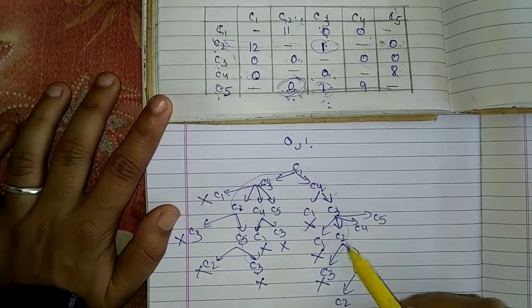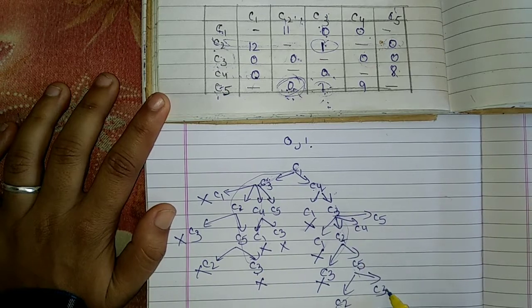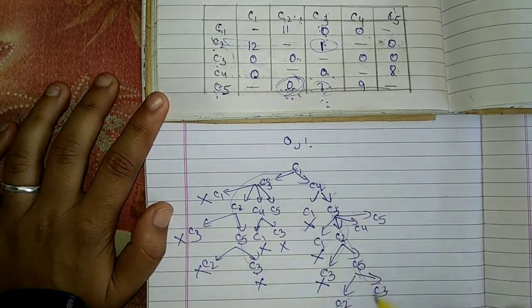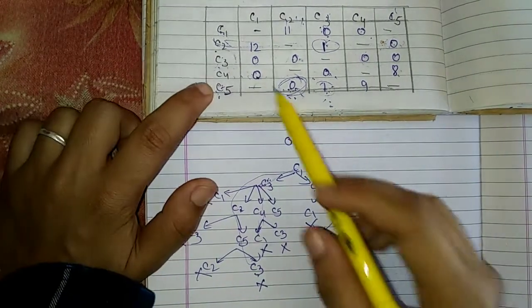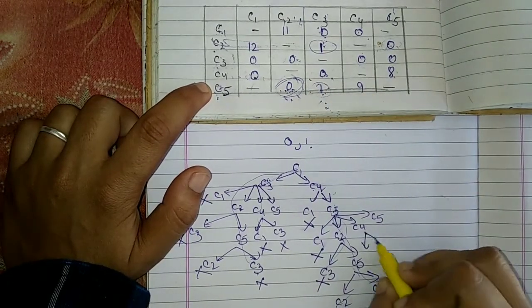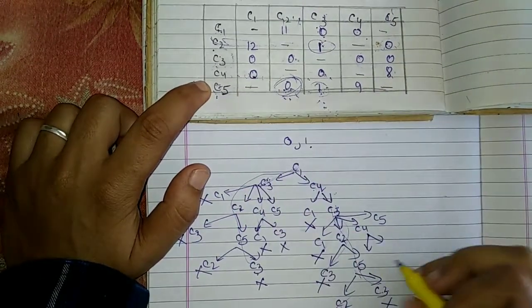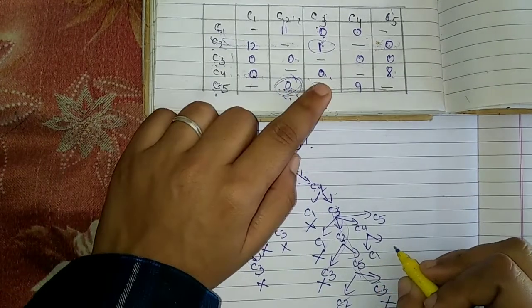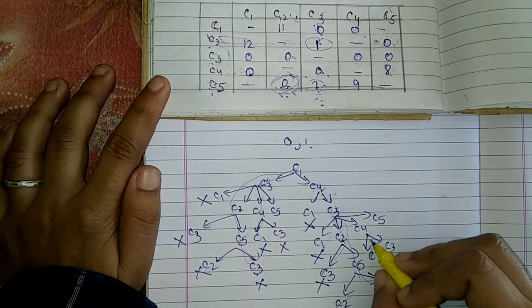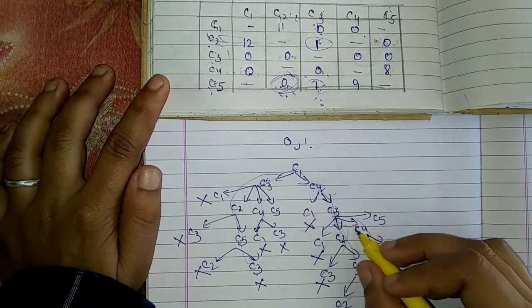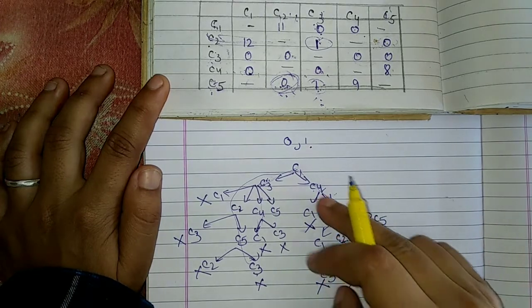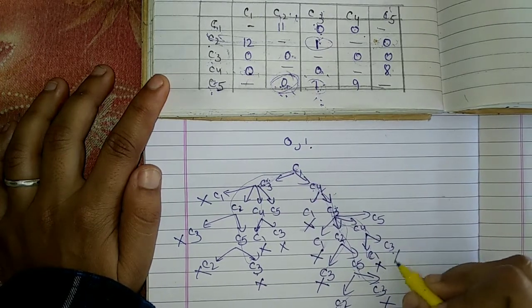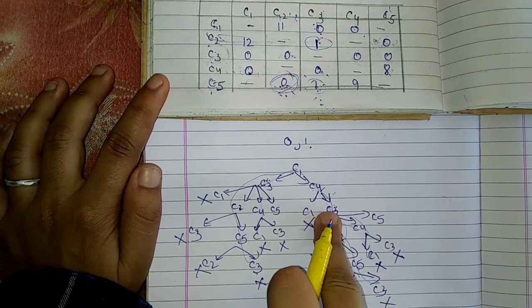It is unfavorable because it is already covered here. C4, C1 and C3. It is unfavorable because it does not cover C2 and C5. It is unfavorable because it is already covered here.